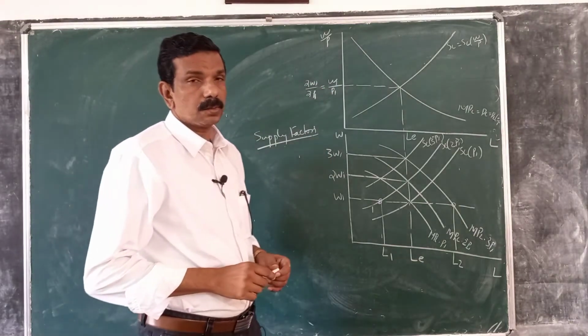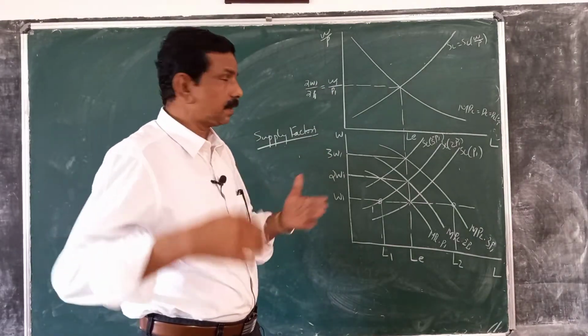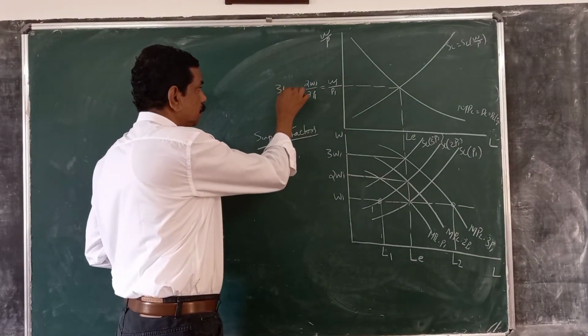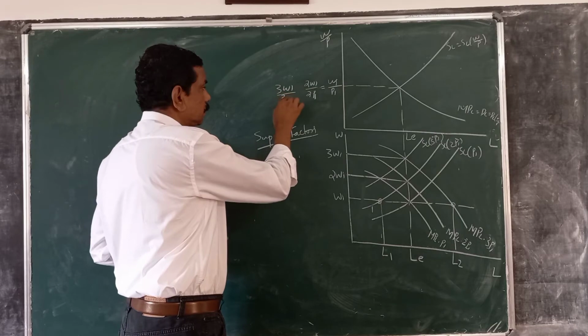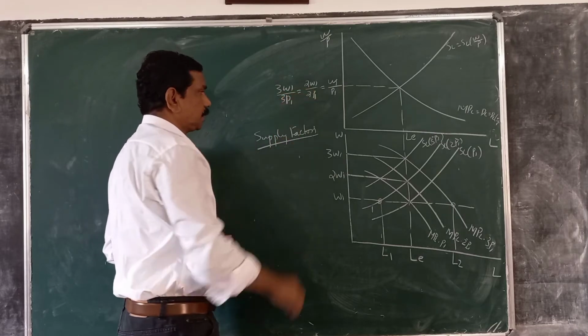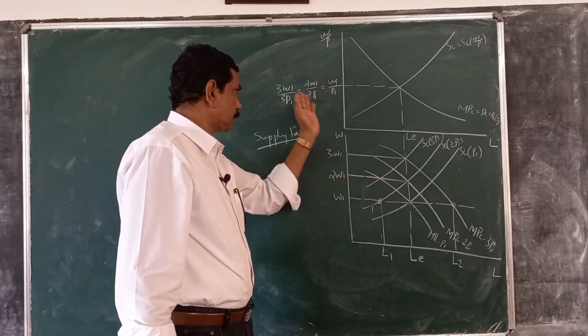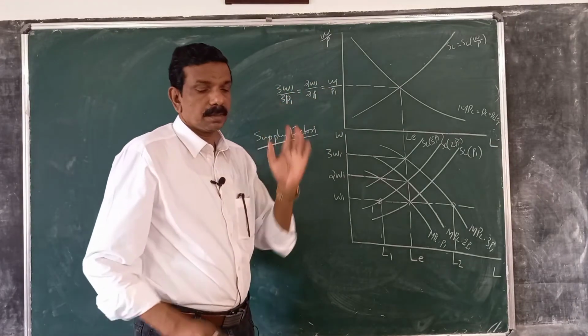That is the combination which ensures the same real wage, and 3W1 by 3P1. Same combination, because W1 by P1 is equal to 2W1 by 2P1, 3W1 by 3P1 and so on.